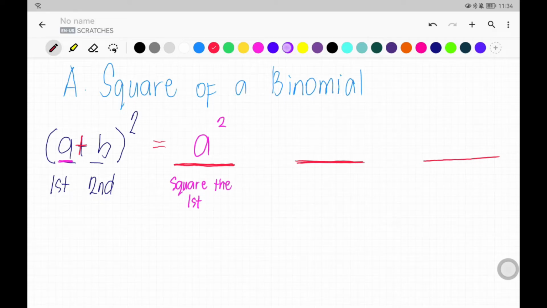The pattern is for you to multiply twice the product of the first term and the second term. So, magkakaroon tayo ngayon ng sagot na 2 times, ano ba yung first term natin?